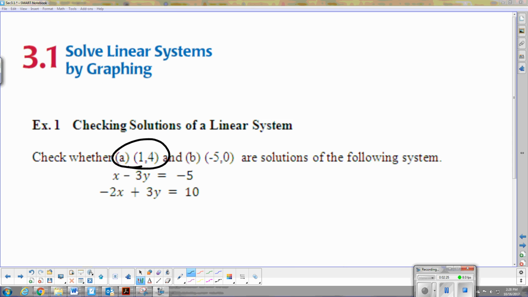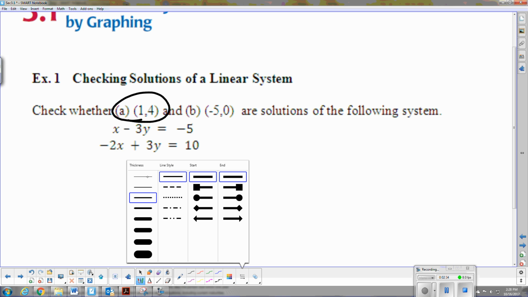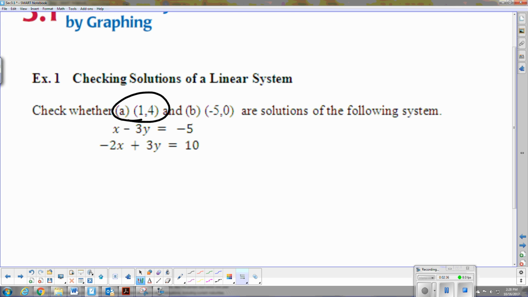Okay, so let's check to see if point A is a solution first. In order for A to be a solution, this point has to be on both lines. So point A, we're going to take 1, this is our x coordinate, and 4 is our y coordinate. And we're going to plug that into our x and y values for the first and second equation. So in the first equation, we say 1, which is our x value, minus 3 times 4, which is our y value.